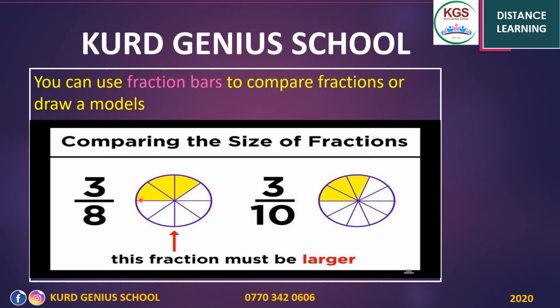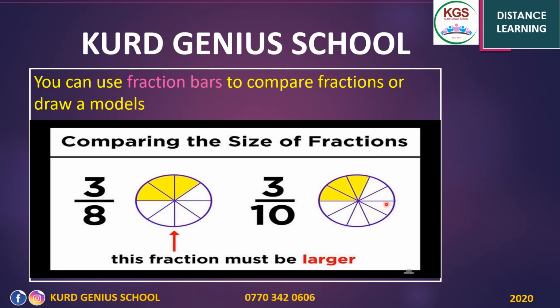Look at the models too. Be careful while you're deciding to use a model or to use the fraction bar. They should be the same size. Both of the fractions should be the same size. Here we have two circles, okay?